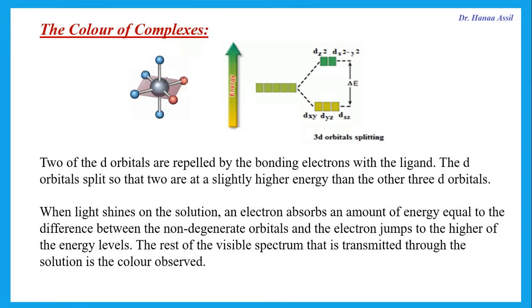Now when we're talking about transition metals, that means incomplete d orbitals, so electrons in the lower d orbitals can gain energy and jump to the higher energy levels, and the rest of the visible spectrum is transmitted, and this shows a specific color that is observed.